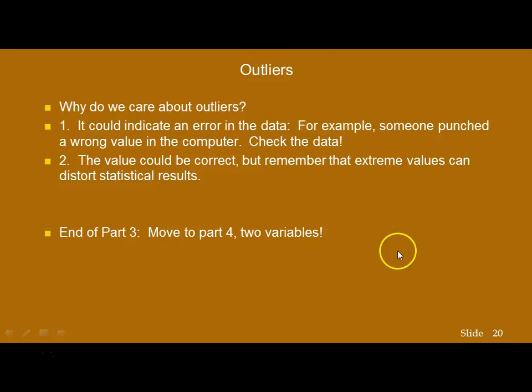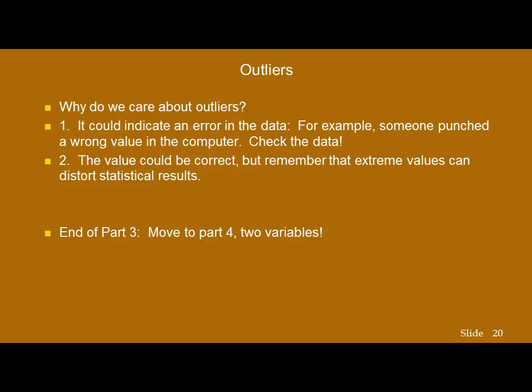There are computer programs, for example, that'll take a body of data and calculate all the z-values. If you see a z-value of 5.2, something 5.2 standard deviations above the mean, you might want to check the data set and make sure that wasn't just somebody typed in a number wrong or put a number in the data set incorrectly.